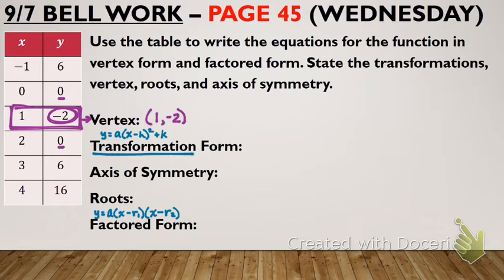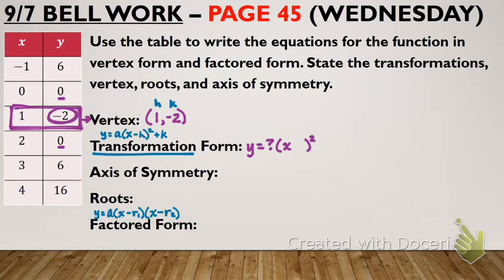So that tells me my h and my k values. I'm going to use both of those as I write my transformation form. Transformation form is y equals, and then we see our a value after that, but I don't know what the a value is yet. I do know my h and my k values. So what would I have in here with the x? -1.